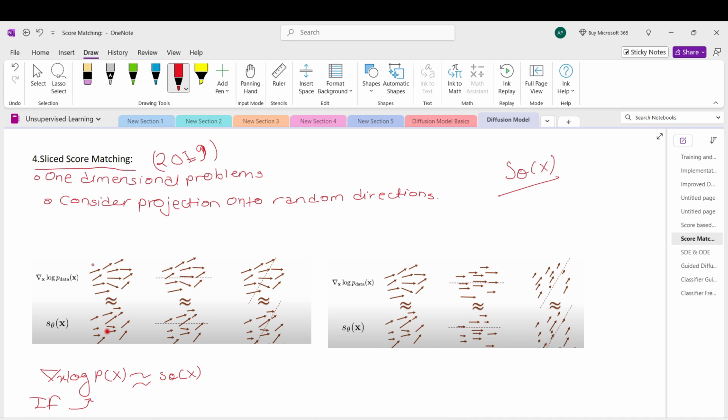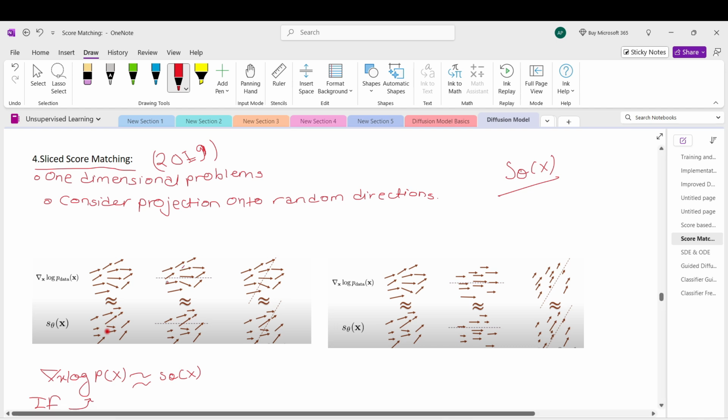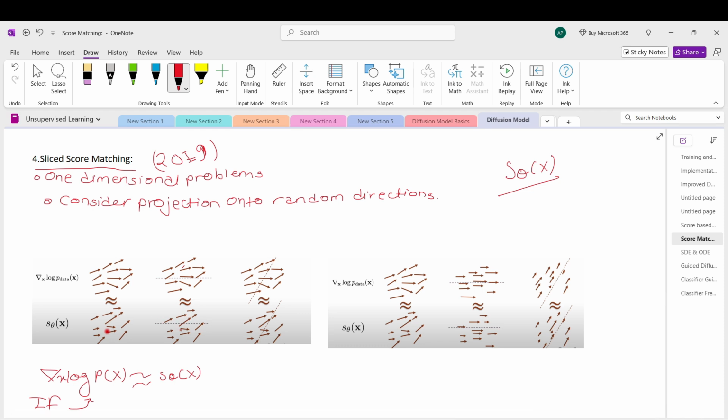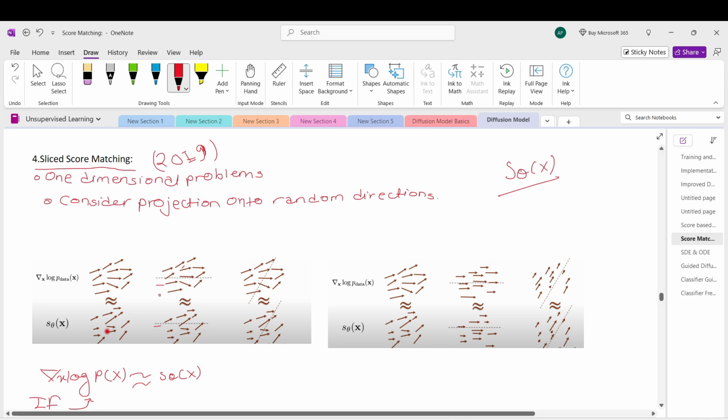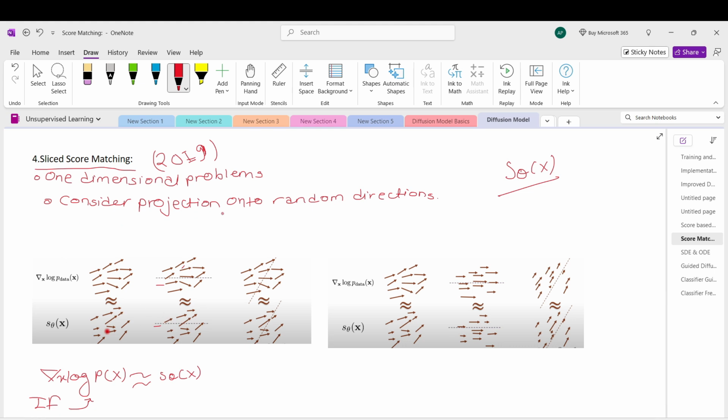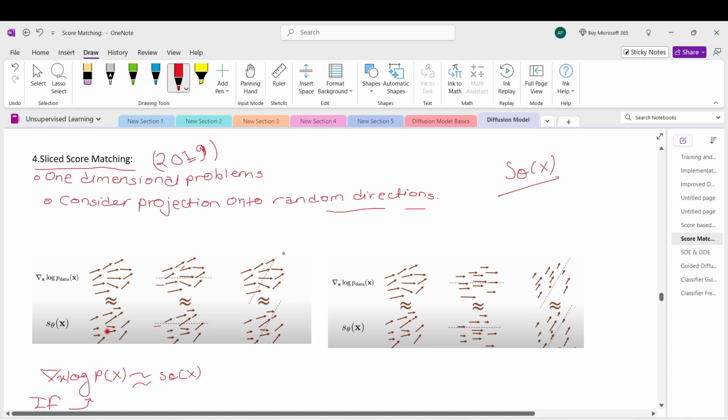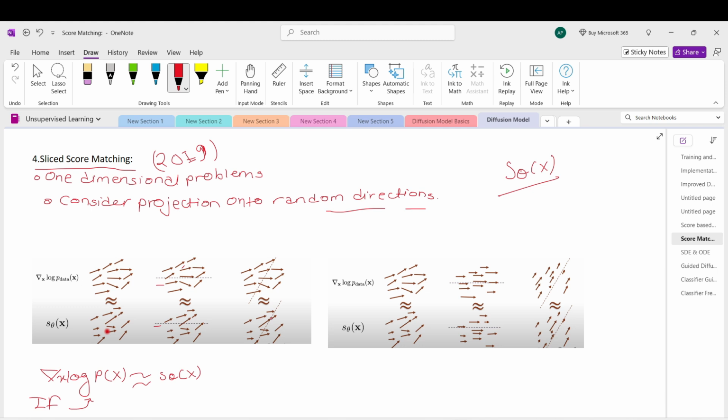What this says is, if you have your real score and your model score, and these two are equal, then if you take the projection on any arbitrary line, the projections should match. Consider a projection onto a random direction. The projection on this line and the projection on this line should match.